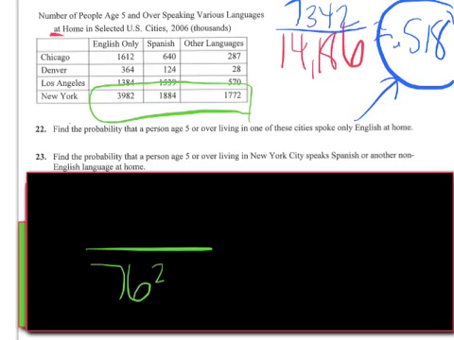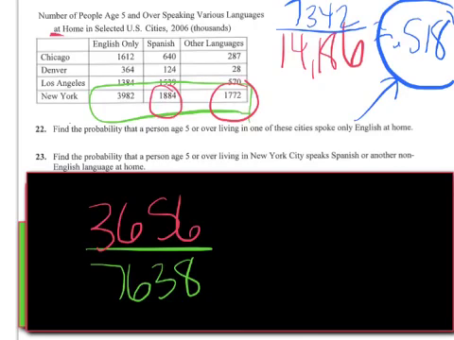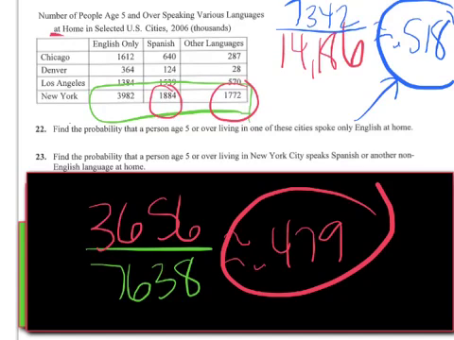What's the probability that I find someone that speaks Spanish or another non-English language? So that they speak Spanish is this, or other non-English language is that. Add those 2 together, and it's 3,656. And that's approximately 0.479. So about 47.9% of the people that live in New York speak Spanish or another non-English language at their home.